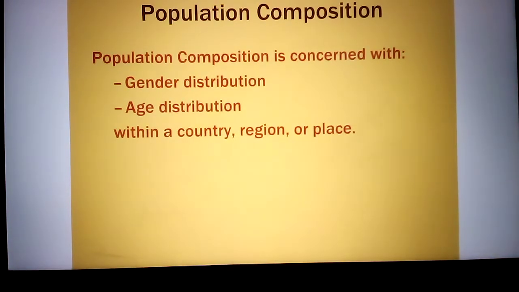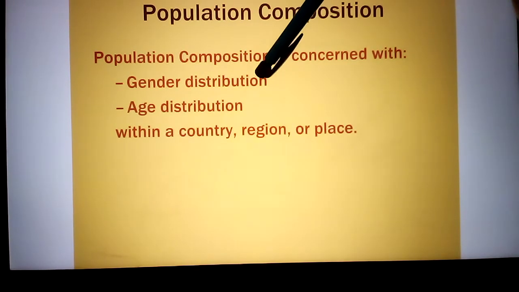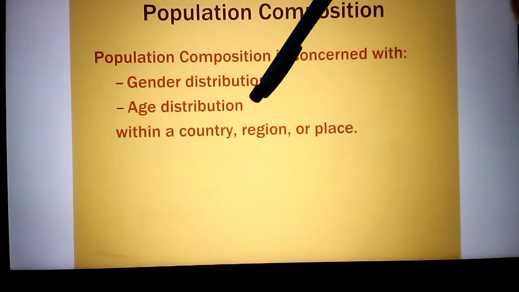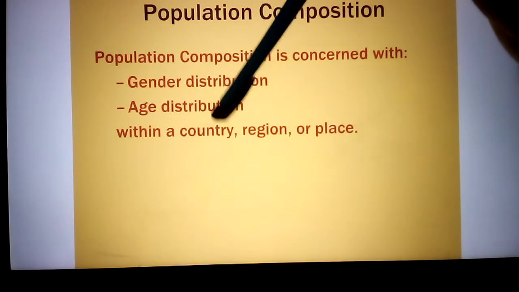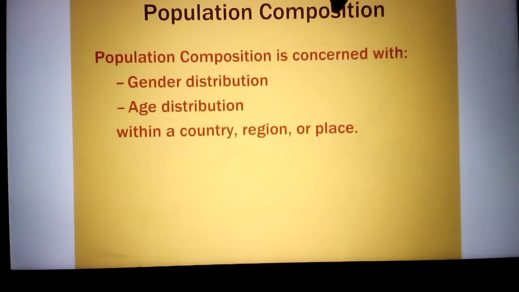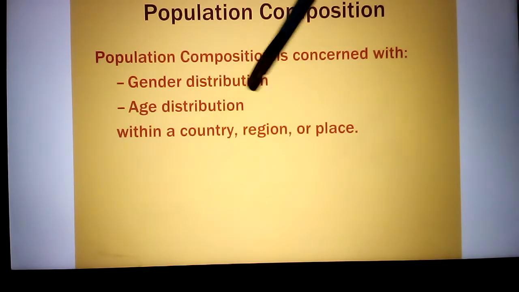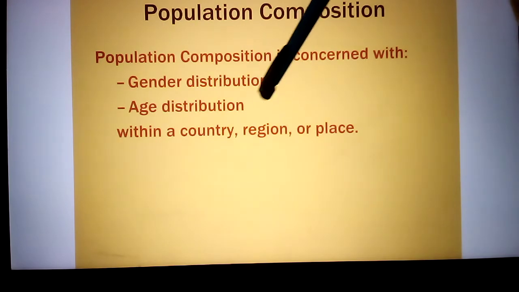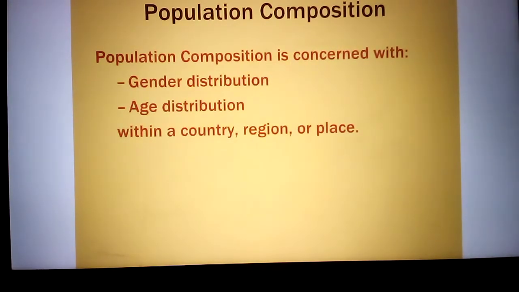So population composition is concerned with gender distribution, meaning male and female, and age distribution, where we divide into three age groups. We can show the population pyramid within a country, or for any region within a country, or in a particular place.